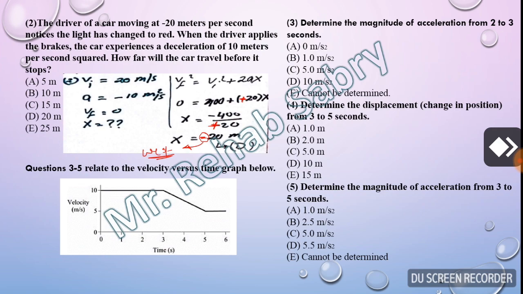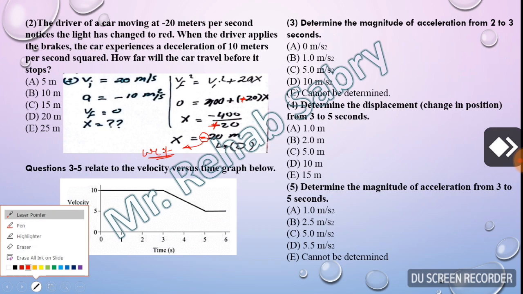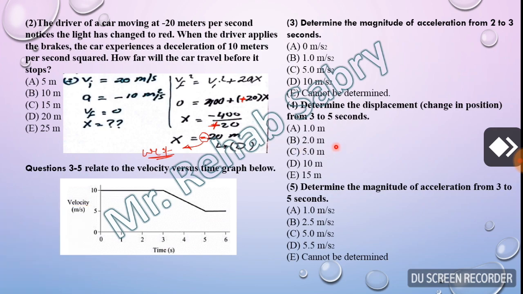Now, inshallah, let's see questions 3 to 5 on this graph. Questions 3 to 5 relate to the velocity versus time graph. Let's remember, velocity is on the y-axis, time on the x-axis.